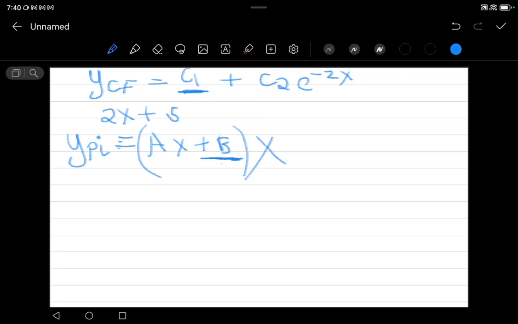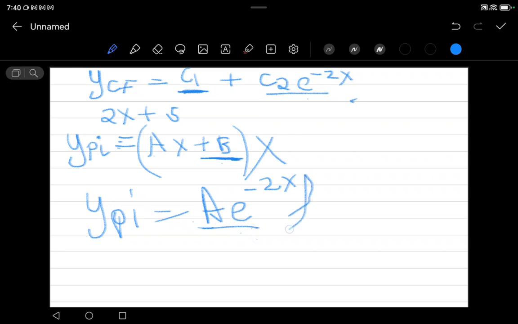So let's say here on our YPI it was a e to the power of minus 2x, which means we would also multiply the YPI by x because it's a duplicate. We have a constant multiplied by an exponential here, they are the same, we also have a constant multiplied by the exponential to the power of negative 2x. So also here we're going to multiply by x.